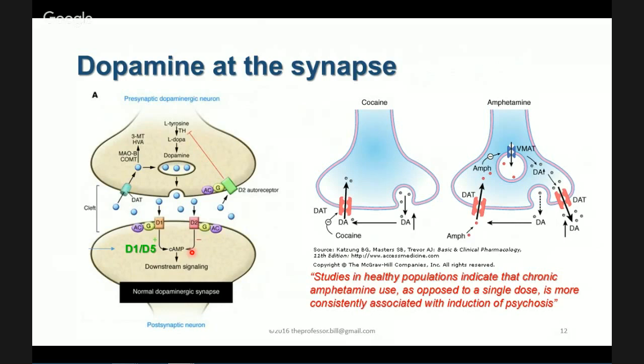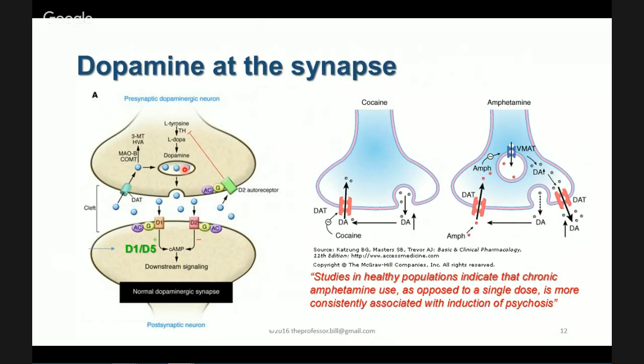Have you heard of autoreceptors? So here is one instance where we have a presynaptic autoreceptor. Dopamine gets released here. Normally we think that dopamine gets sent out into this synaptic region, but in this case, this D2 autoreceptor will also detect dopamine being released, and it will turn off the synthetic pathway for dopamine. So if you get lots and lots of dopamine, this is one way to turn off dopamine production right through the receptor itself, the D2 autoreceptor.